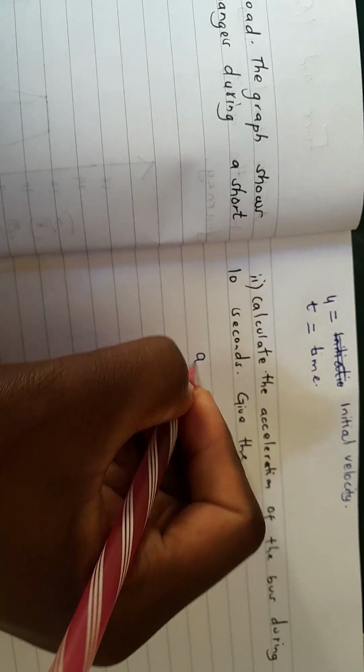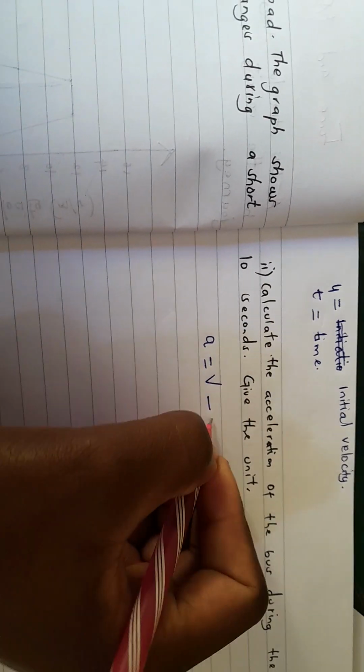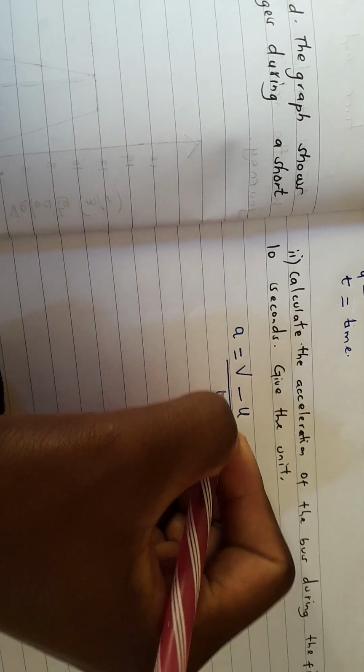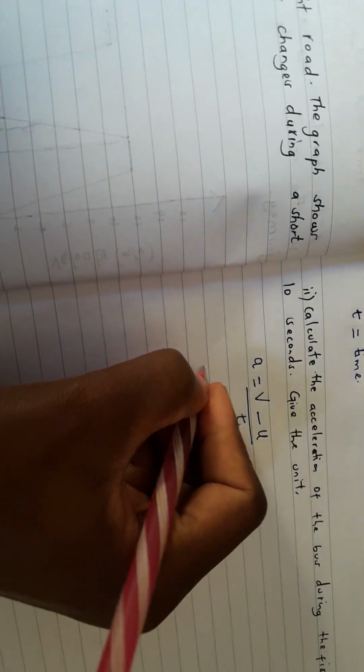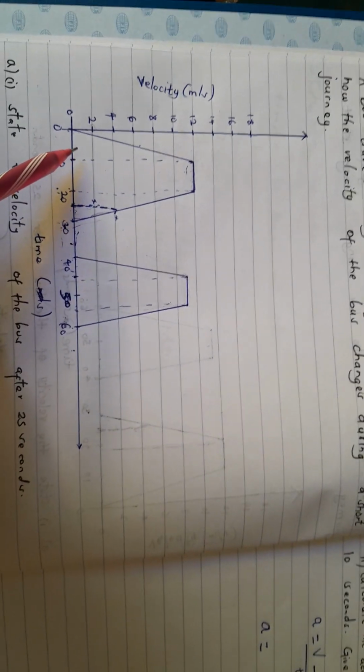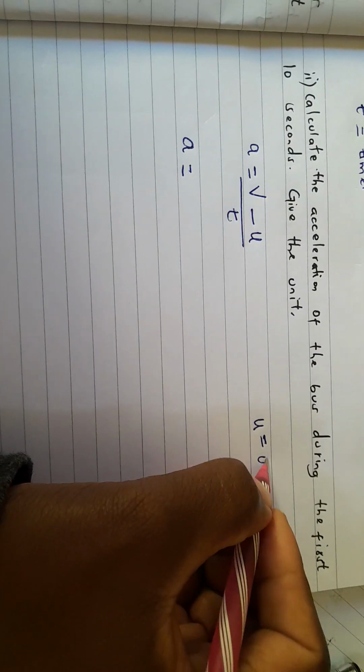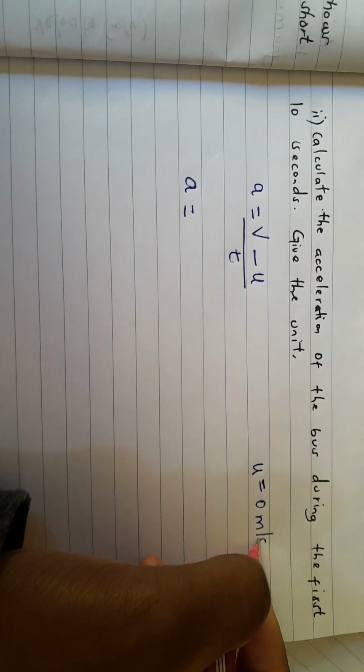As we said, acceleration is equal to final velocity minus initial velocity, which is u, divided by t. But before we work out acceleration from the graph, what is the initial velocity here? The starting point, right? So initial velocity u is equal to 0 meters per second.